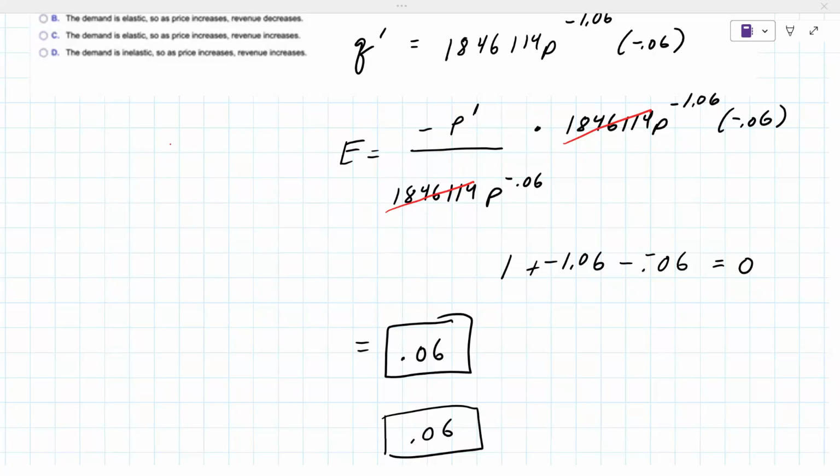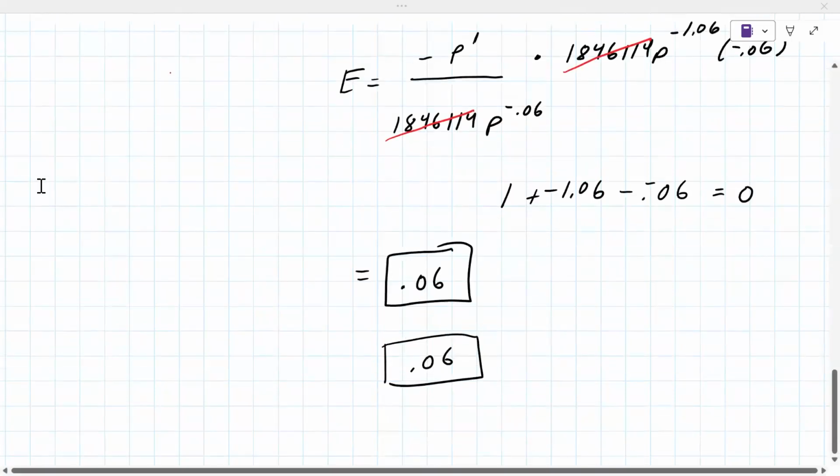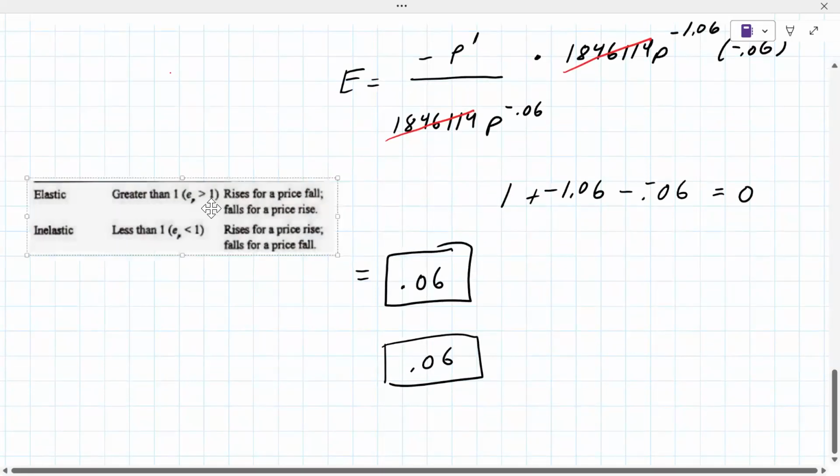Okay, here is the short of it. All right, this looks like it was written a million years ago, but this is it. So if it's greater than one, it's called elastic. If it's less than one, it's inelastic.